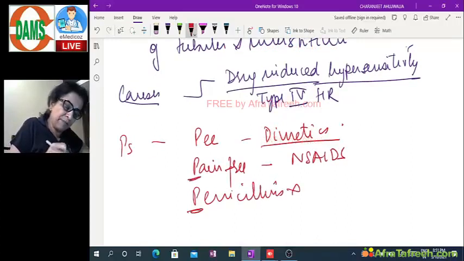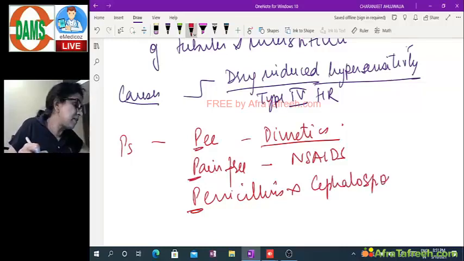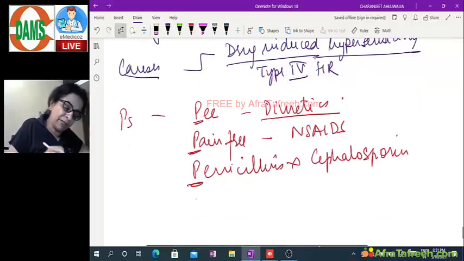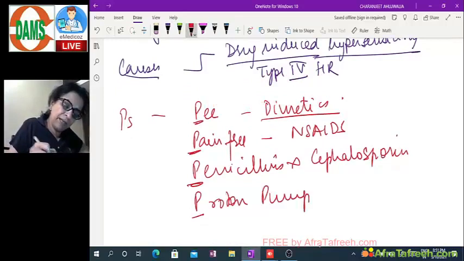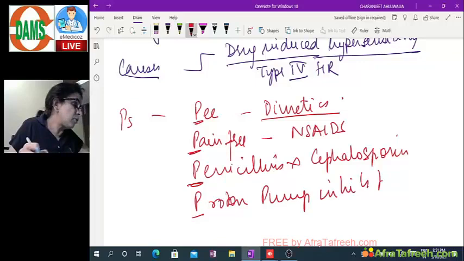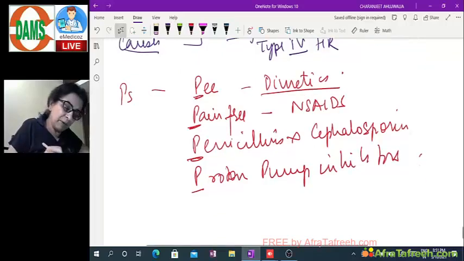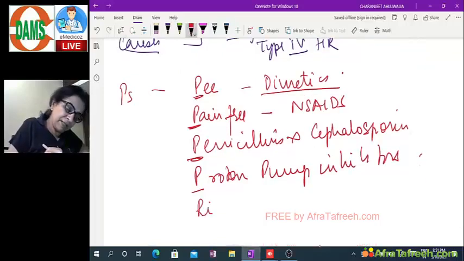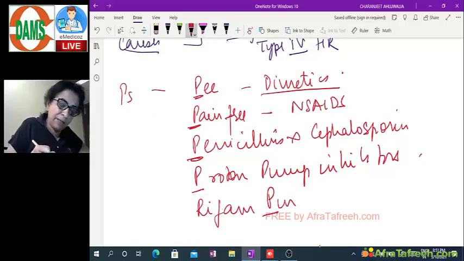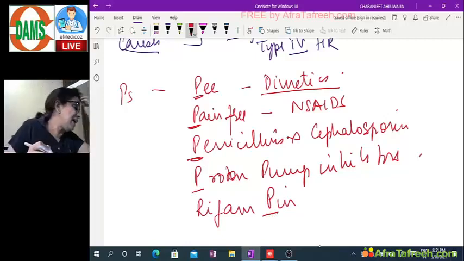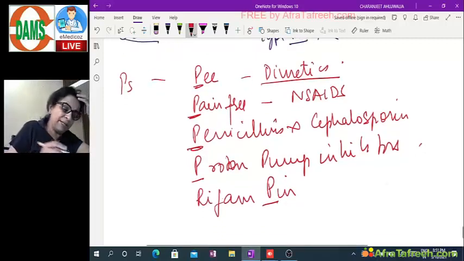Then proton pump inhibitors, and last very important is rifampicin. Of course there is rifampin, again इसको याद करने के लिए P, rifampicin, and one more drug, add sulfonamides, which is not P, so add sulfonamides.